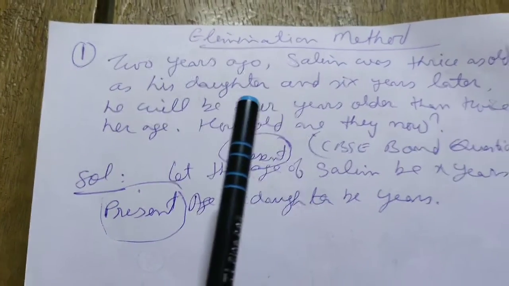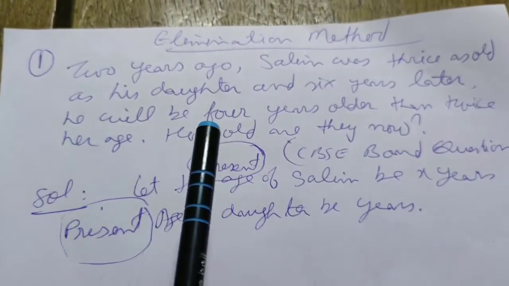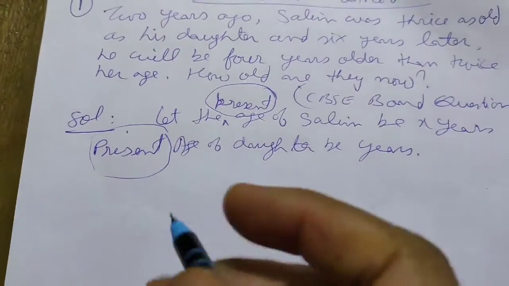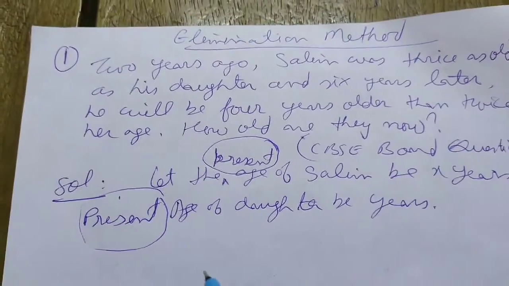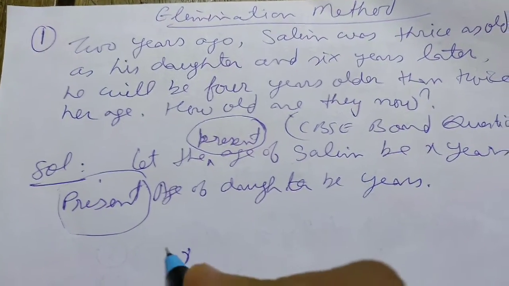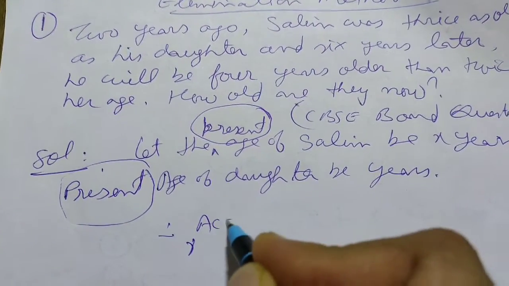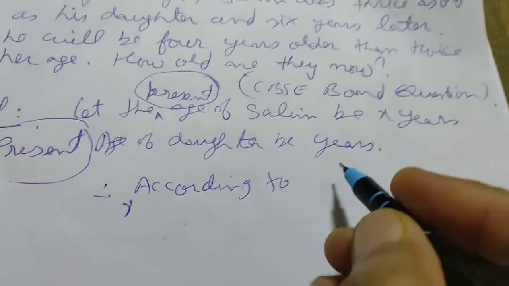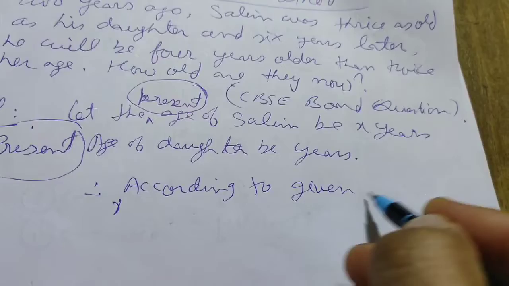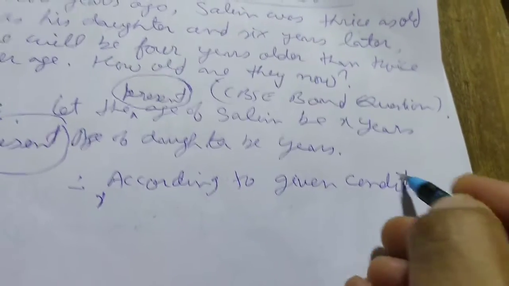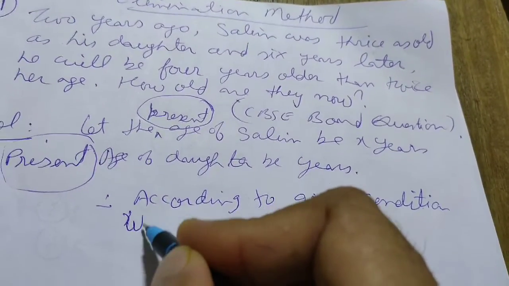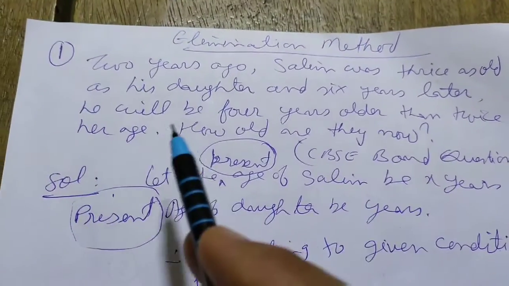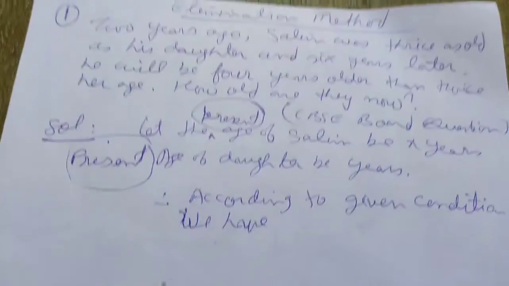So 2 years ago Salim was twice as old as his daughter. So what is the present age of Salim? That is x years. Therefore according to the given condition, see, it says that 2 years ago, not now but 2 years ago.